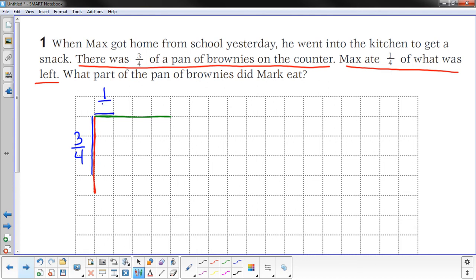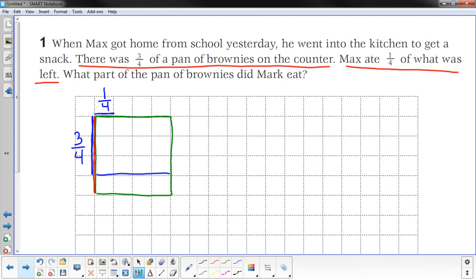I'm going to label that. So you have to imagine that the original pan of brownies looks like this. And 3/4 of it was left when he came in. So I showed that on the side, 3/4. And what I'm going to do is just extend that over to represent 3/4.